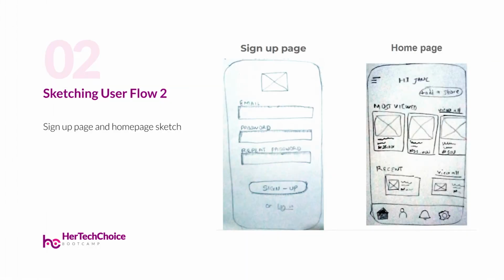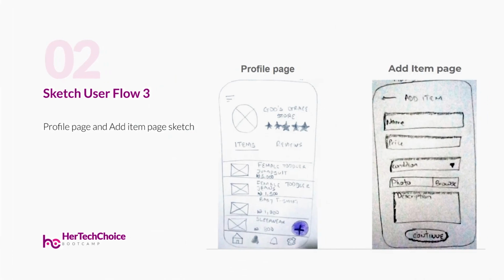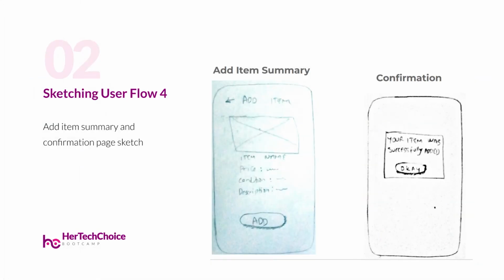Then this is the sign up page and home page sketch, where we have the email, password, repeat password, sign up or login. Then the home page consisting of most viewed, recent, and the navigation bar consisting of icons. We also created the profile page and the add item page sketch. Then the add item summary and confirmation page sketch.